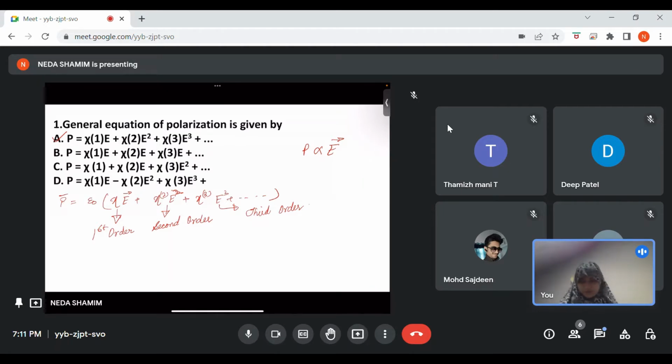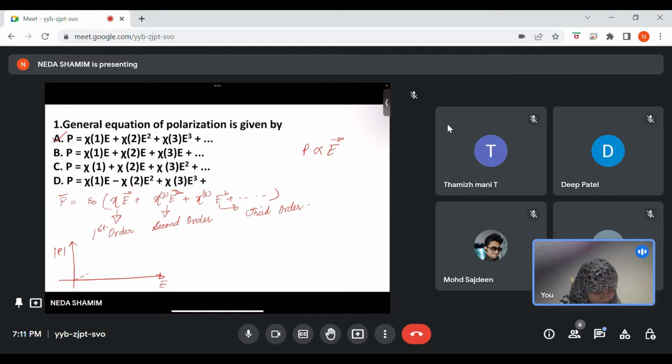Okay, so whatever graph we draw of polarization versus E, if I intend to draw P versus E, this is my polarization and this is E, what we usually used to get was a linear relationship.